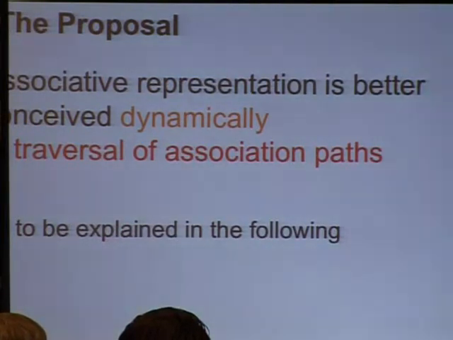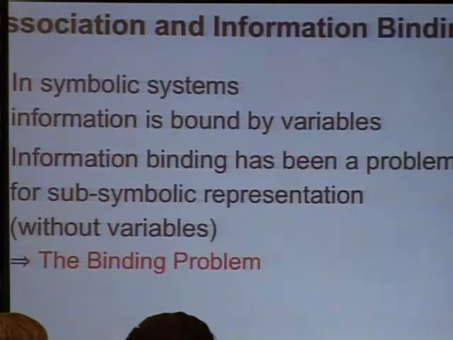Okay, now my proposal is associative representation is better conceived dynamically as traversal of association path. And I'm going to explain it in the following slides. Now let me talk of information binding.